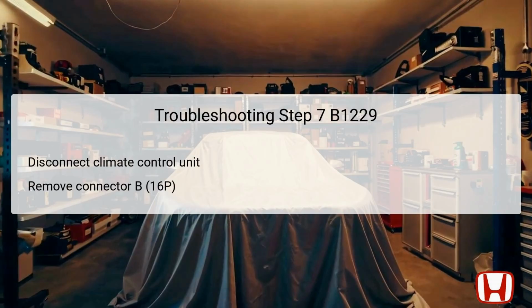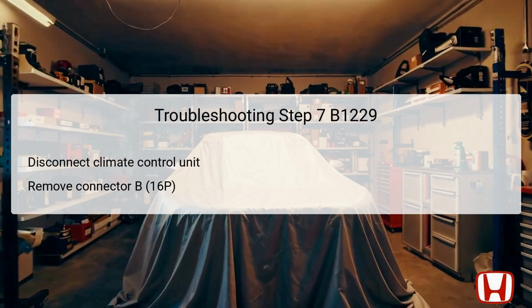The seventh step in the troubleshooting process requires disconnecting the climate control unit connector B, which contains 16 pins. The 16P connector is integral to the operational connection between the climate control unit and several sensors, including the sunlight sensor. By removing this connector, technicians gain access to the circuit and can perform continuity checks to ensure proper communication pathways.